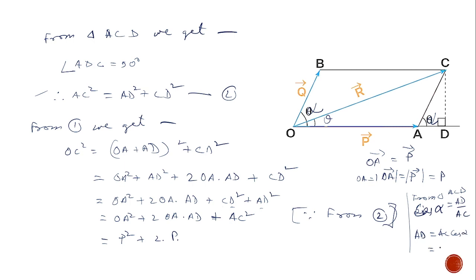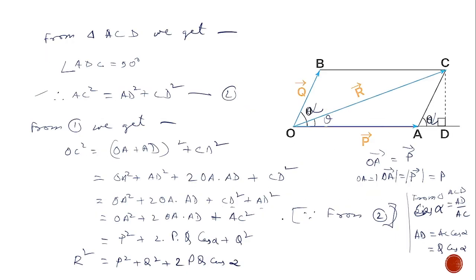And what is the value of AC? The value of AC is Q. So we write Q cos alpha, and AC square means Q square. So we get P square plus Q square plus 2PQ cos alpha, and OC square means R square. Okay, this is the proof of the parallelogram law.